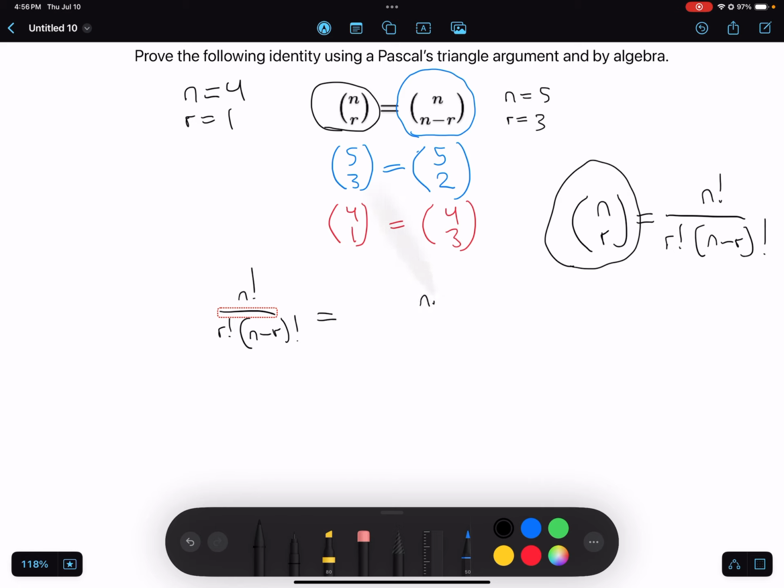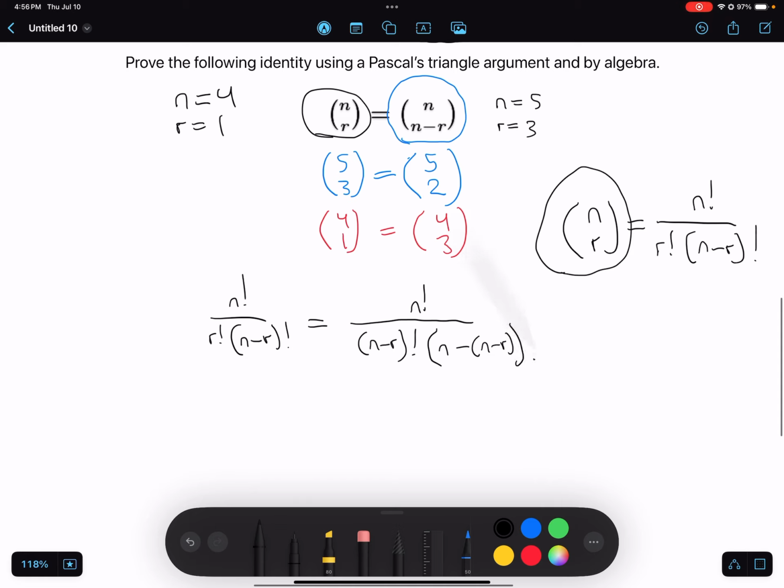So it's just going to be n factorial. And that's going to be over n minus r factorial, because in our r factorial, the r is n minus r in this case. And that's going to be times n minus r factorial, or n minus r, and then the whole thing is factorial.